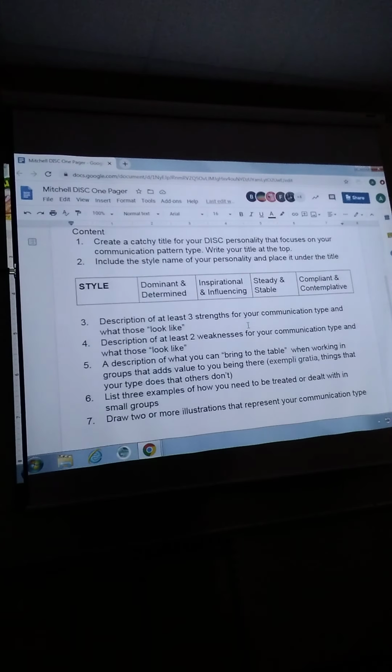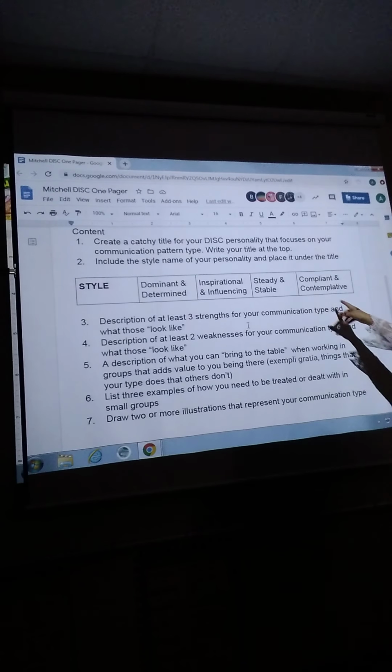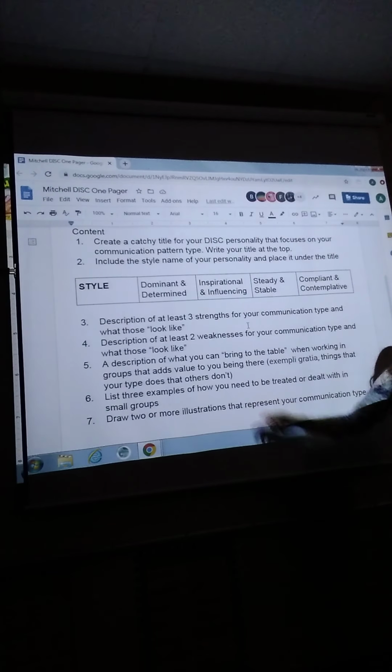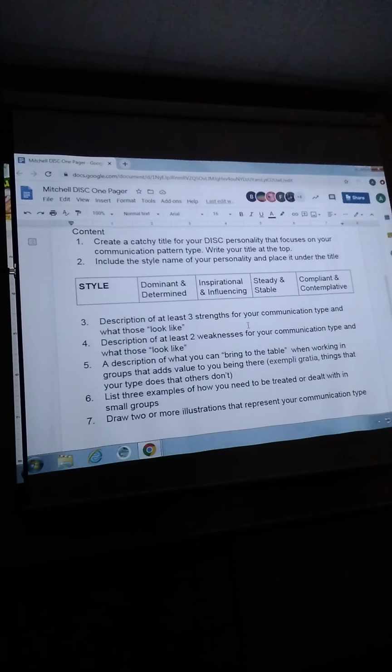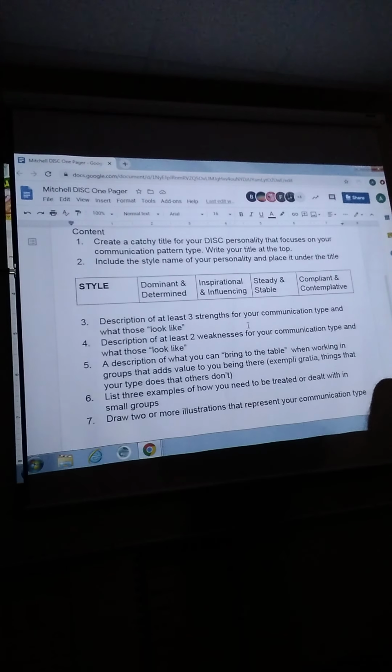And then the last thing, you need to draw 2 or more illustrations that express your communication style. So if you are compliant, okay, you need to have at least 2 pictures of what you think that looks like. All right, so 2 pictures on your 1-pager. Your 1-pager, spread it out so that it's a complete 1-pager.